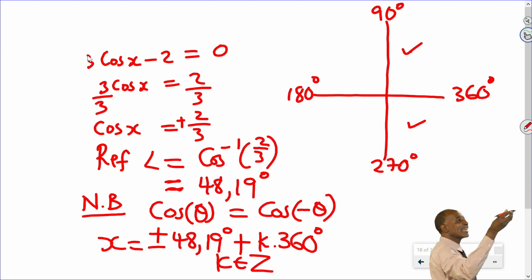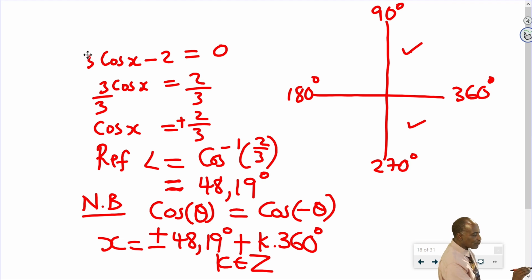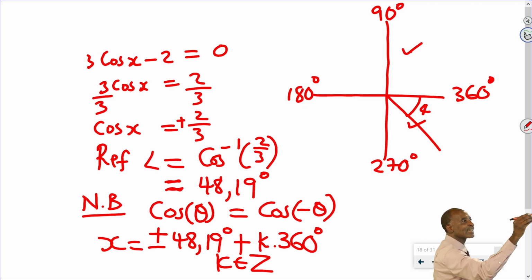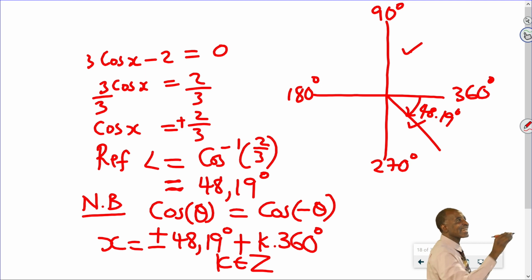When you say plus or minus in cosine, it's acceptable because cosine is positive in the first quadrant and also positive in the fourth quadrant. But remember, cos of theta is the same as cos of minus theta. Negative 48.19 degrees is in the fourth quadrant. It was measured in a clockwise direction. That's your 48.19 degrees measured in this direction.